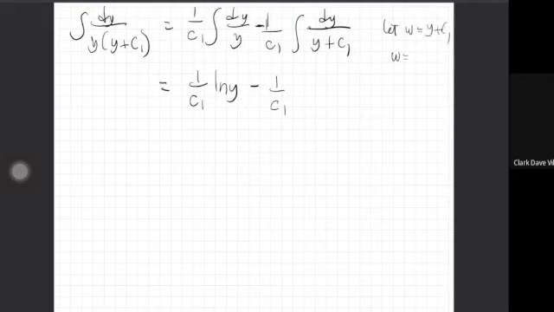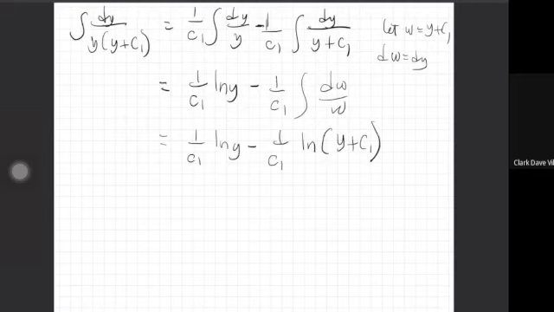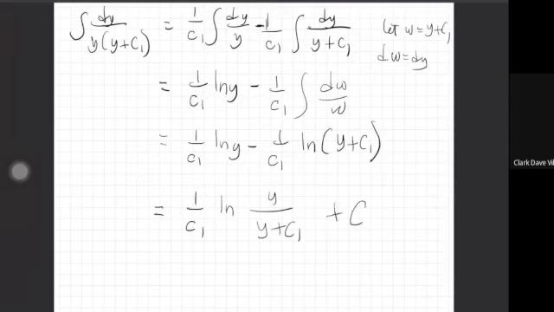The derivative of w is dy, so this is dw over w, and that is ln. So 1 over c sub 1, and we can also write this as 1 over c sub 1 ln of y over y plus c sub 1, plus c sub 2.